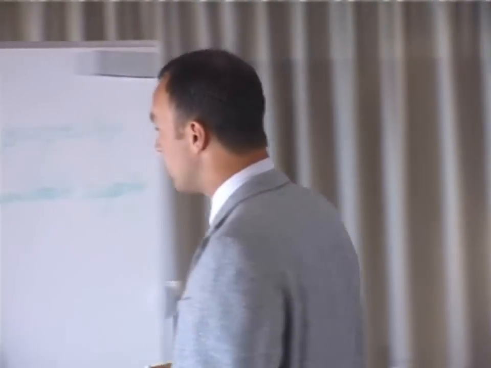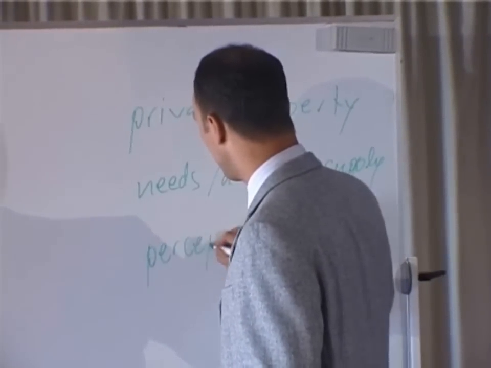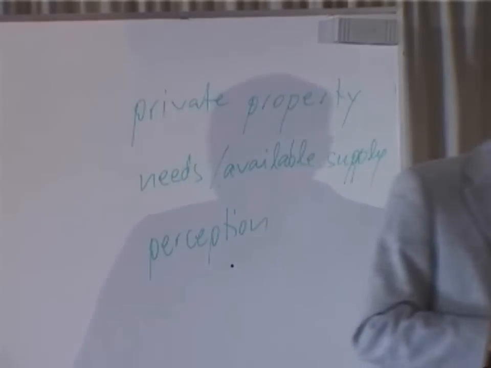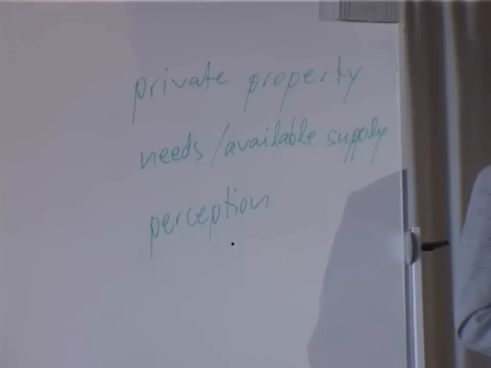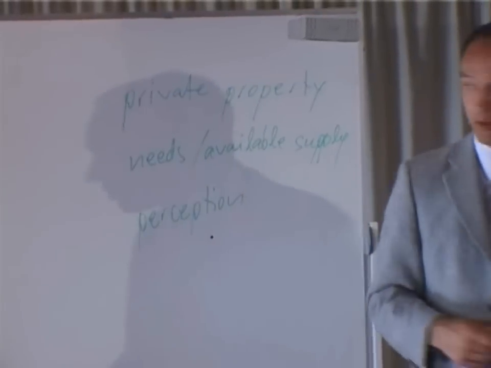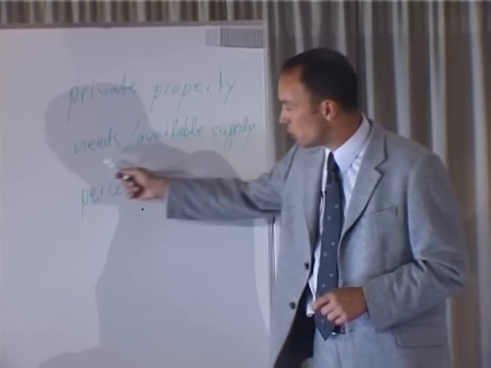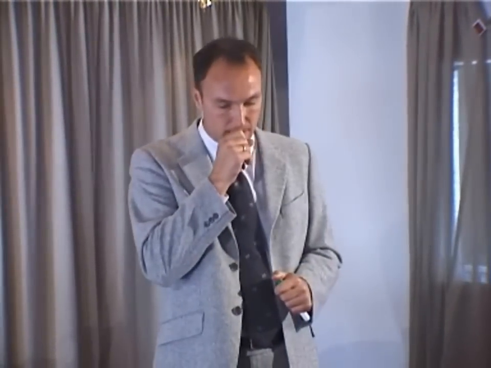And then what we also would need is perception of the existence of the situation. That is, we might have certain goods that are in fact true goods and economic goods, but because we don't perceive them to be such, there are no economic goods at all. For example, take the case of uranium.